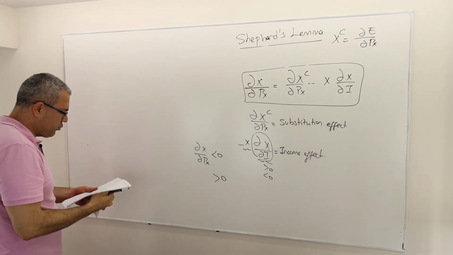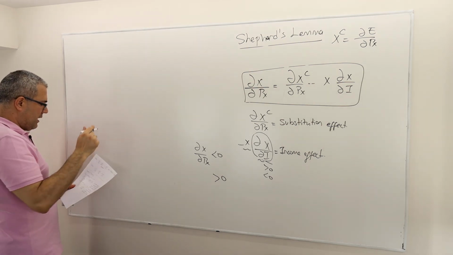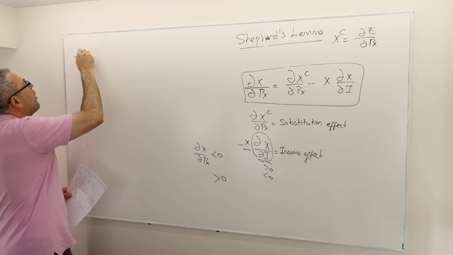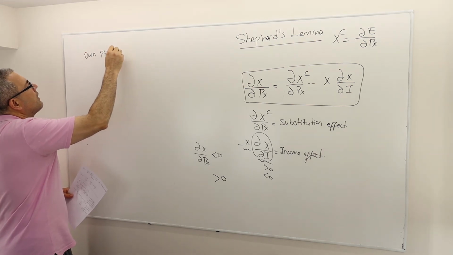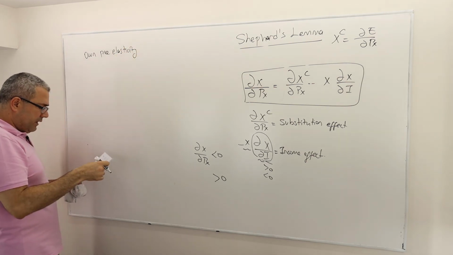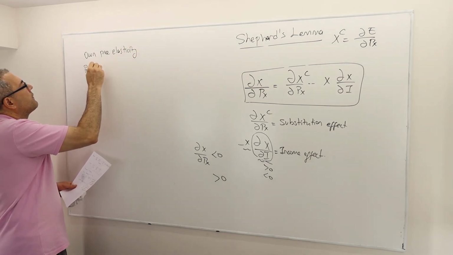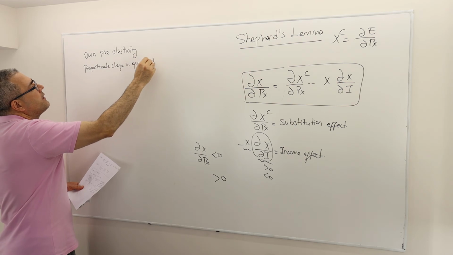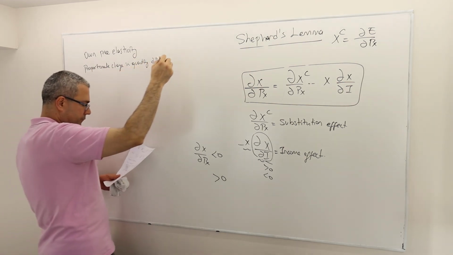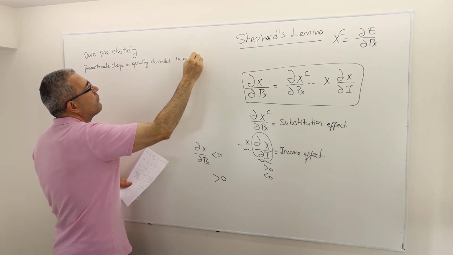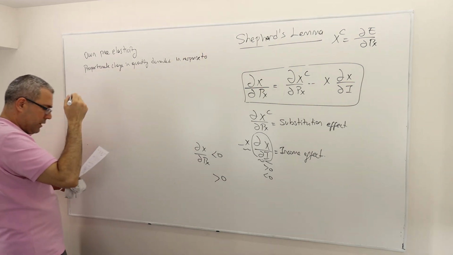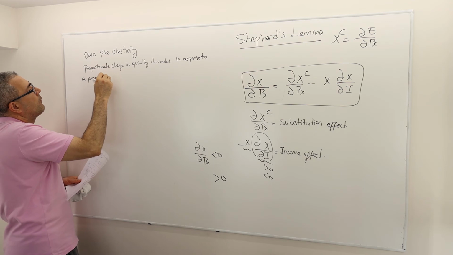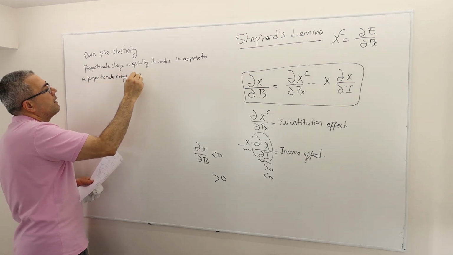So, one last thing before closing is the elasticity. I just want to define them. So there are three elasticities; the third one is cross price elasticity, but first, own price elasticity. It's basically the proportionate change in quantity demanded in response to a proportionate change in price.